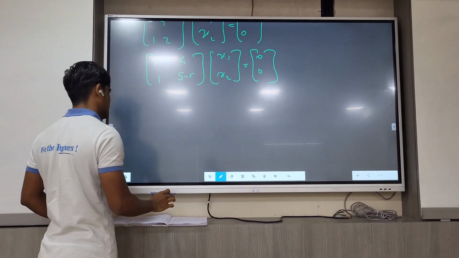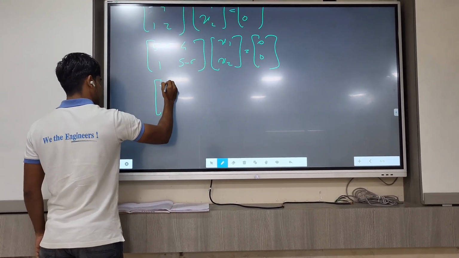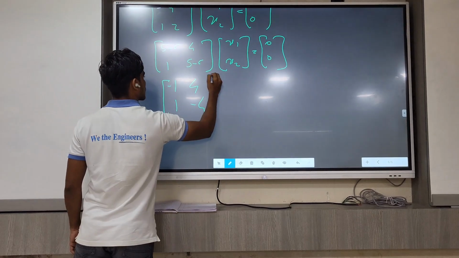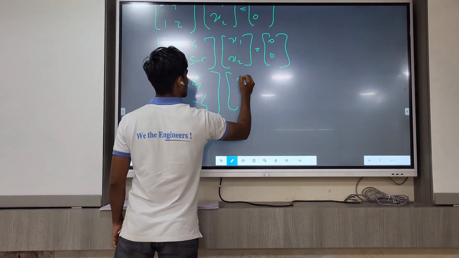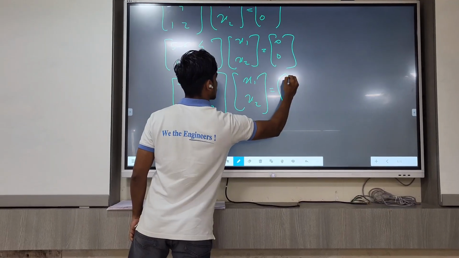So after simplifying this, we get minus 1, 4, 1, minus 4 times x1, x2 equal to 0.